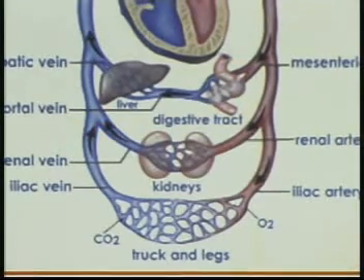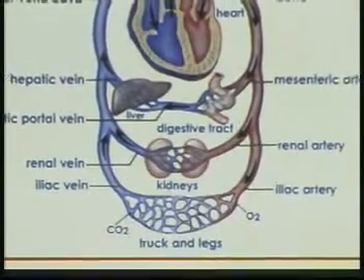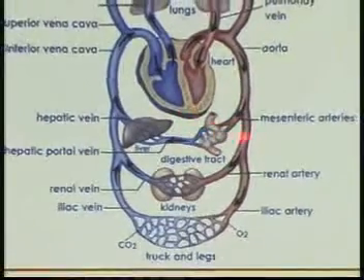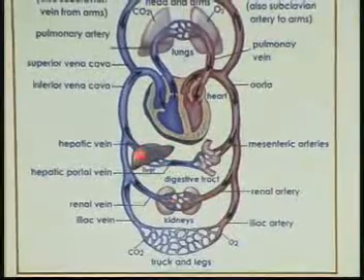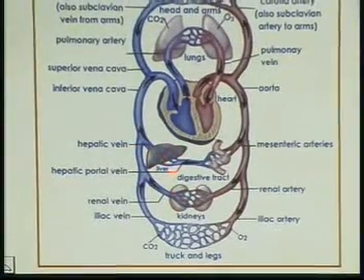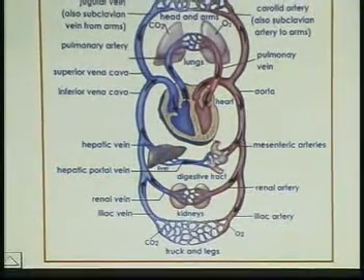Remember, the arteries from the large intestine, the small intestine and the stomach, they combine and they once again break up into a second set of capillaries inside the liver to form the hepatic portal system. Can you see the hepatic portal vein?